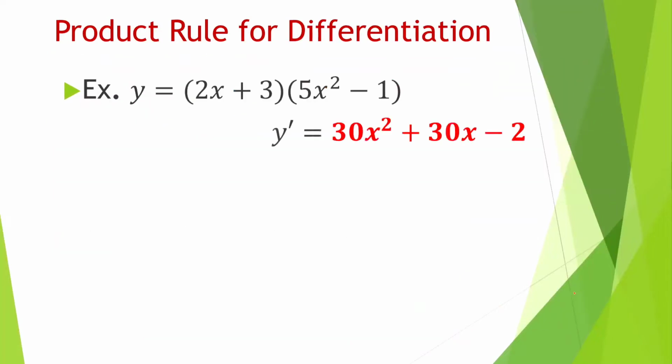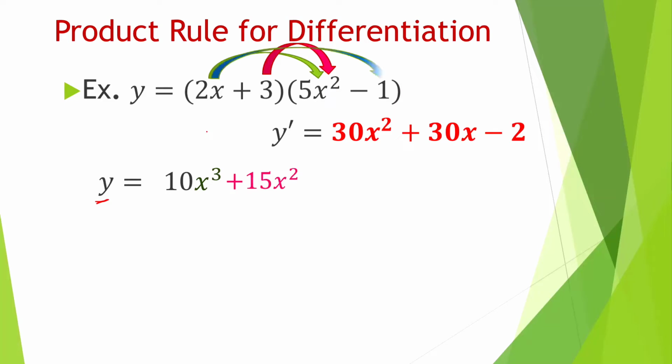Ayan ulit yung kanyang derivative. Take note that if you decide not to apply the product rule, halimbawa, ayoko mag-product rule, multiply ko na lang to using the FOIL method. So you will have something like this. So yung y mo will be y pa din, kasi you're not yet differentiating. So y, you're just multiplying muna using the FOIL method. That's 10x cubed plus 15x squared plus minus 2x and then minus 3.